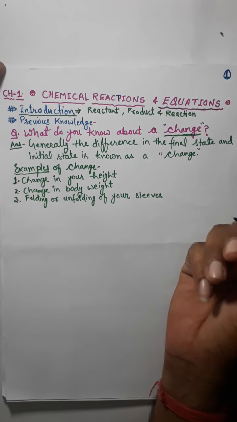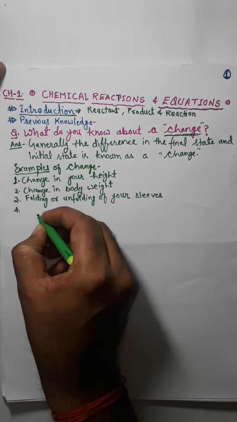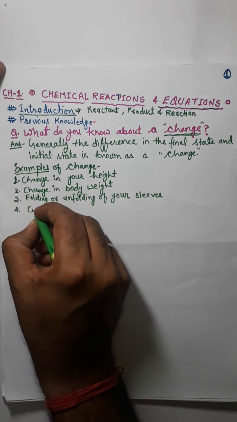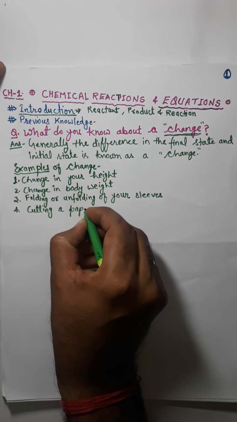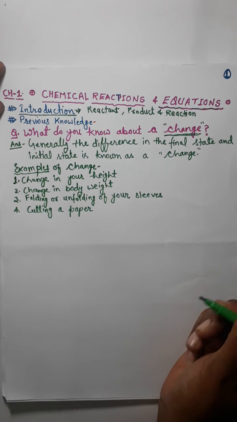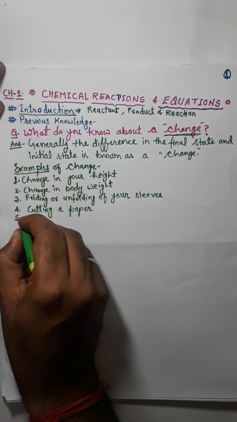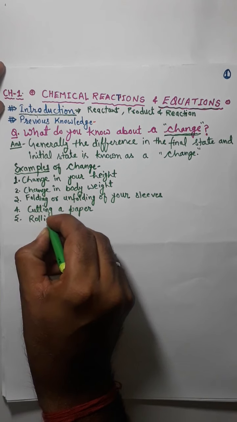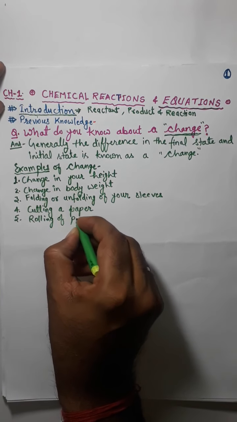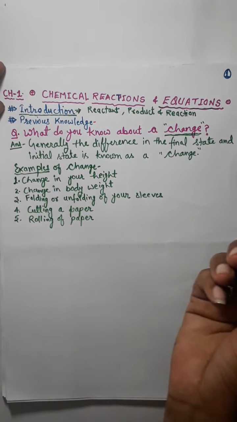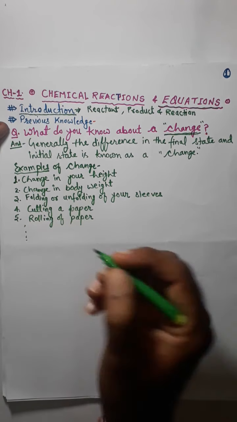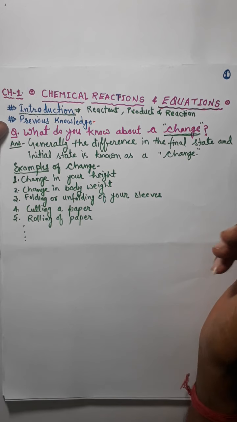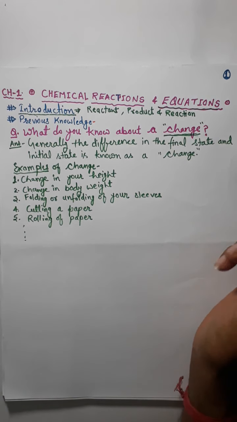That is also an example of change. Next example, cutting a paper. That is also change. Next example, rolling of paper. So these are some examples of change. There are also some other examples, but we will take those at the proper place.